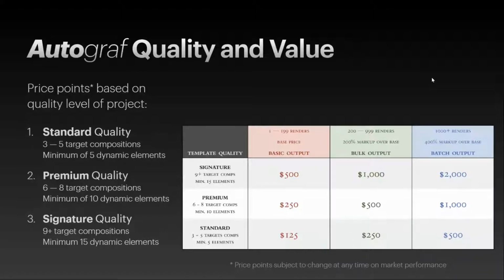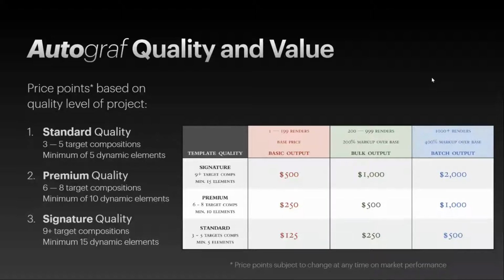At the standard quality, only about 3 to 5 target compositions exist in the project, with maybe 5 dynamic elements across all of the targets. That's a very simple, straightforward project file.